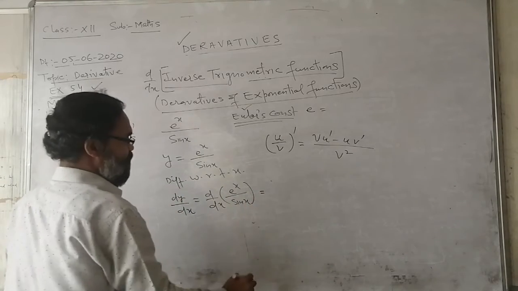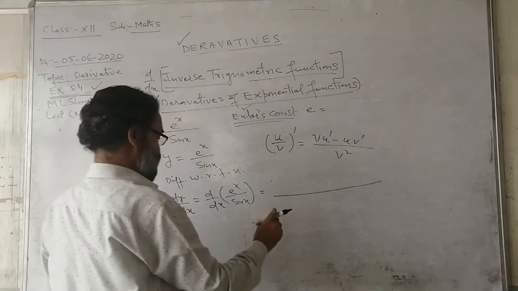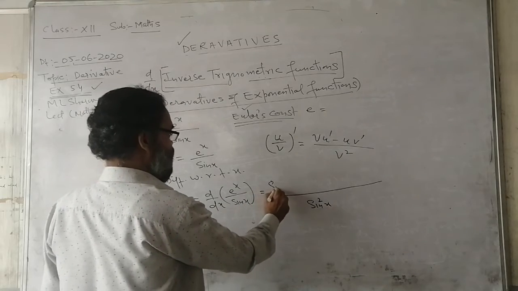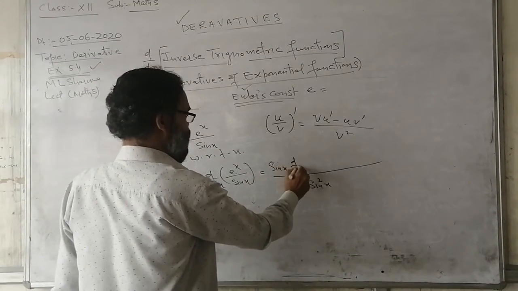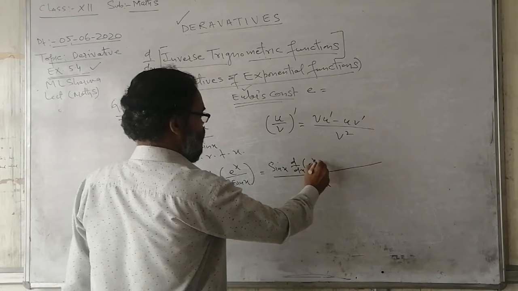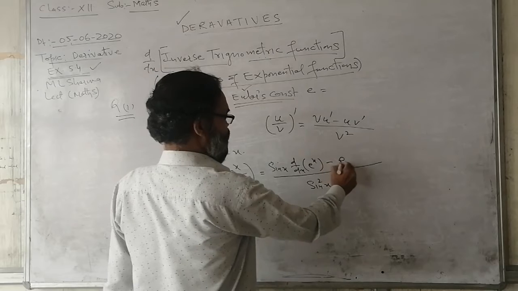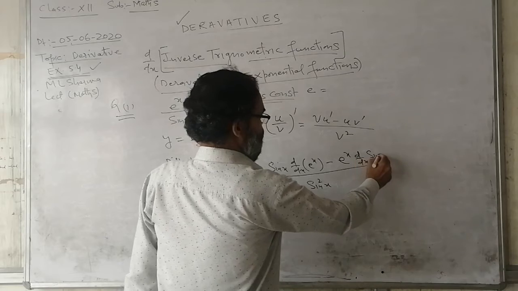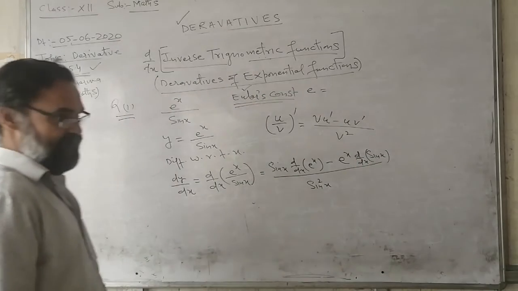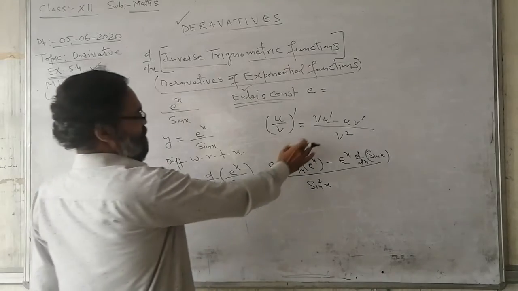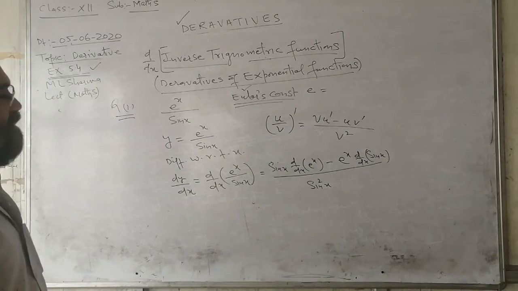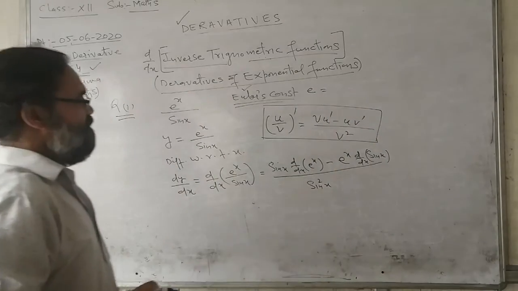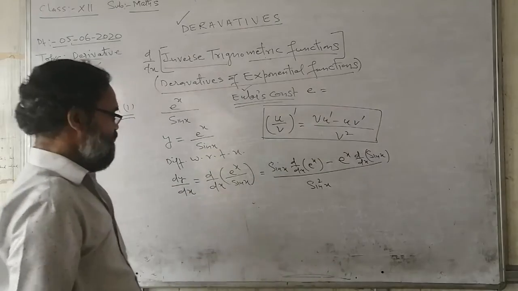So this will equal (sin x into d upon dx of e power x minus e power x into d upon dx of sin x) upon sin square x. By applying the quotient rule for derivatives, this formula is applied here.